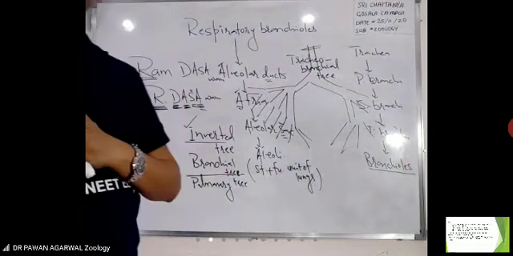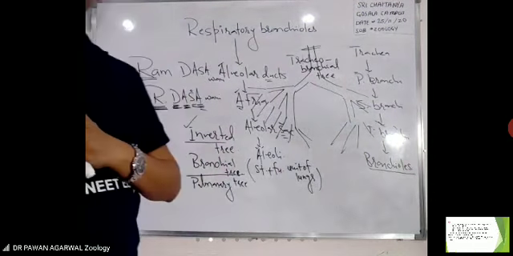Initial bronchioles, I mean up to the primary, secondary, tertiary, are supported by incomplete cartilaginous rings.